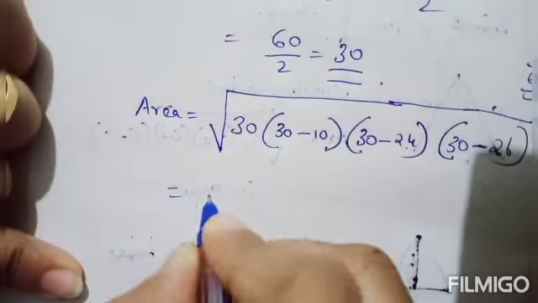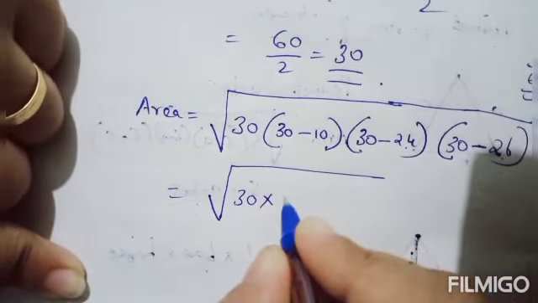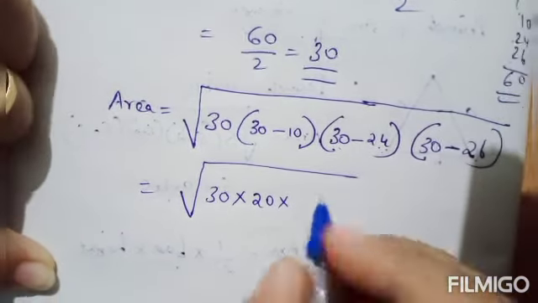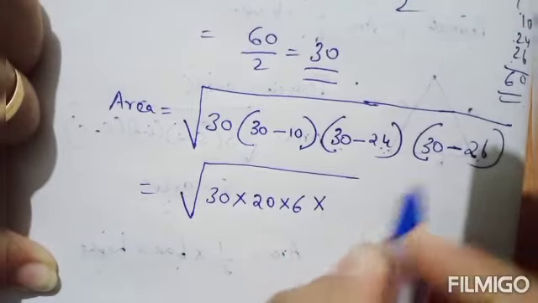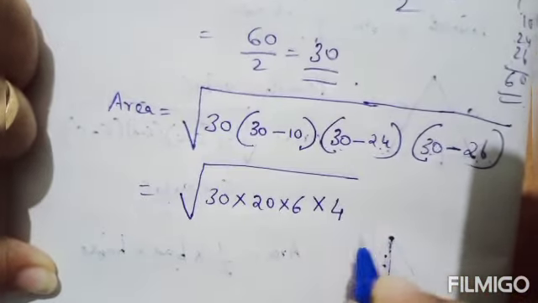Now root of 30 into 30 minus 10, which is 20, into 30 minus 24, which is 6, into 30 minus 26, you will get 4.